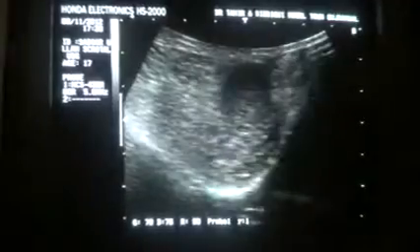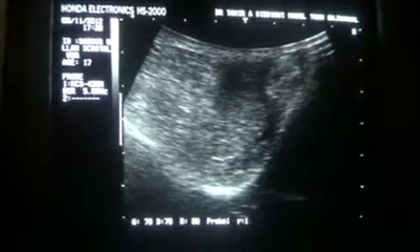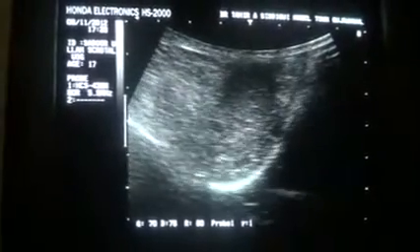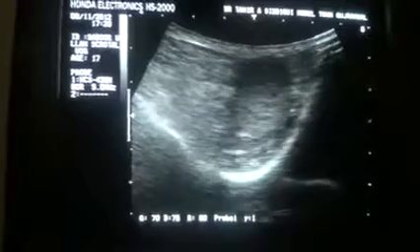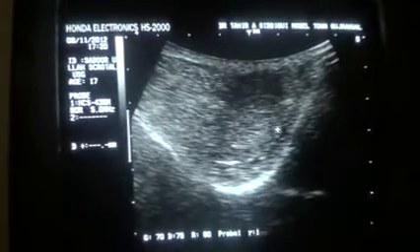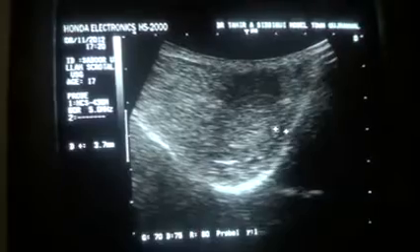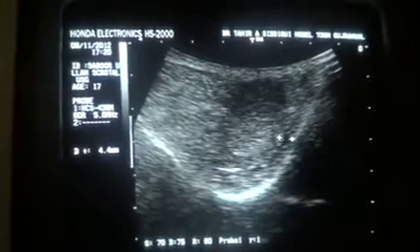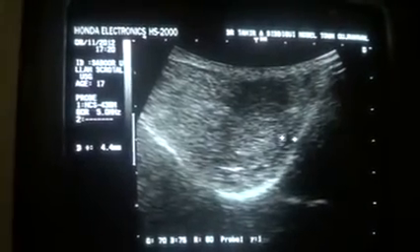These vessels that I showed you initially also are the varicocele. This one is 4.4 millimeters.